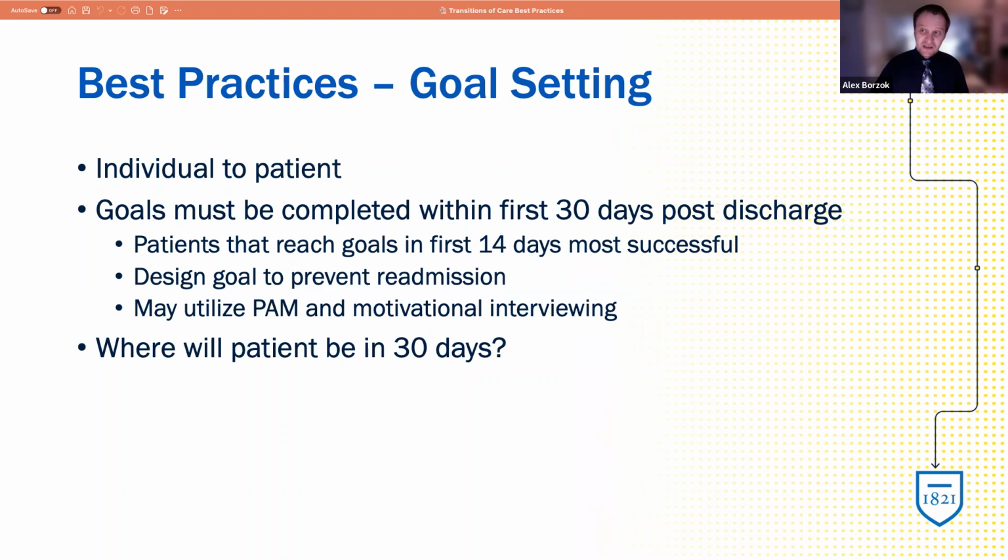The other thing that you have to consider when goal setting is, where will your patient be in 30 days? Not every patient that comes to your practice after a discharge is going to stay there 30 days or longer. If your patient tells you, I'm planning on moving to Florida in a week, and this is 2 days after they've been discharged from the hospital, then you need to adjust the goals.